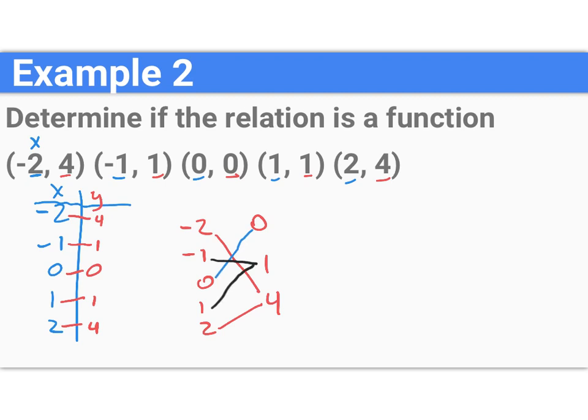So this is possible. You can have two different domains or two different inputs or x values going to one output. So that's good. You can have 2 going to 1. You can't have 1 going to 2 or more. So this is okay. So this is a function.